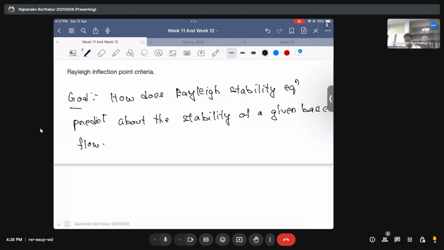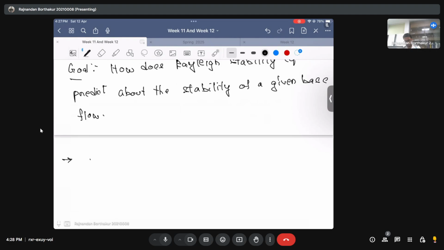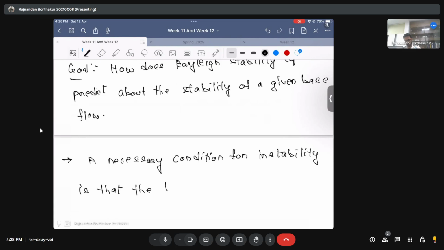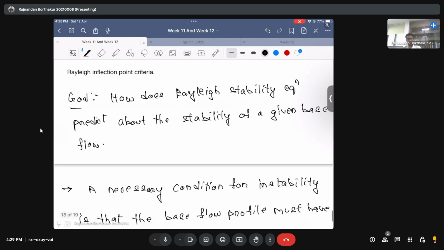It says that a necessary condition for instability is that the base flow profile must have an inflection point. Remember, it's not sufficient, but it's a necessary condition. Okay, this is what the Rayleigh inflection point criteria says.